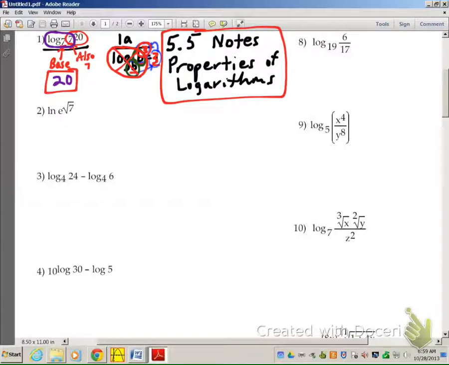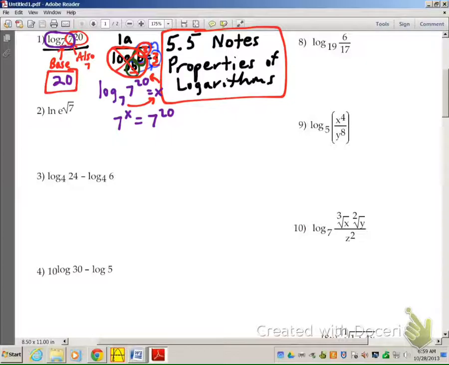Now there's another way to look at it. Some students are like, I'm not really sure what we're doing here, but let's look at it a different way, the way that we did it back in section 5.4. If you don't know the value of the log and you're unsure about that property, then you can just let x equal the log. And then you can convert it to exponential form, and you get 7 to the x is equal to the argument, 7 to the 20th.